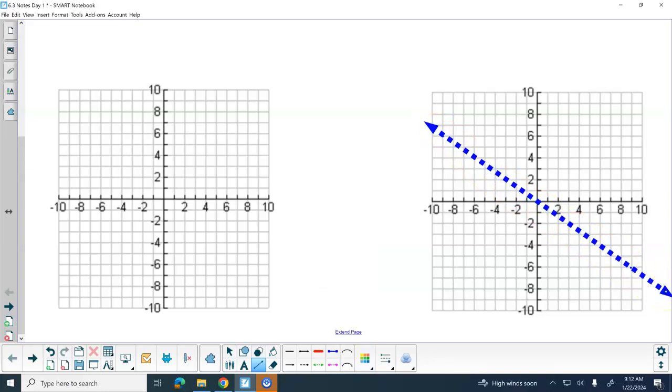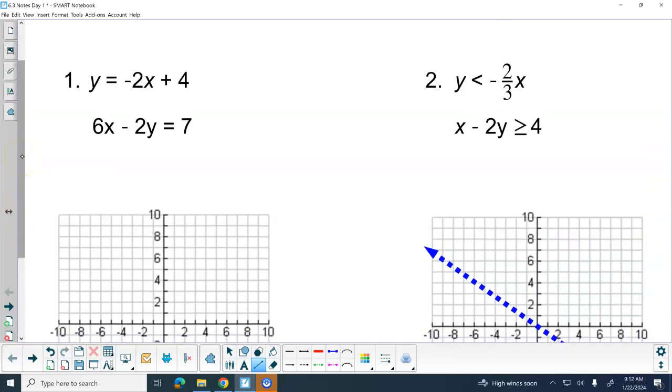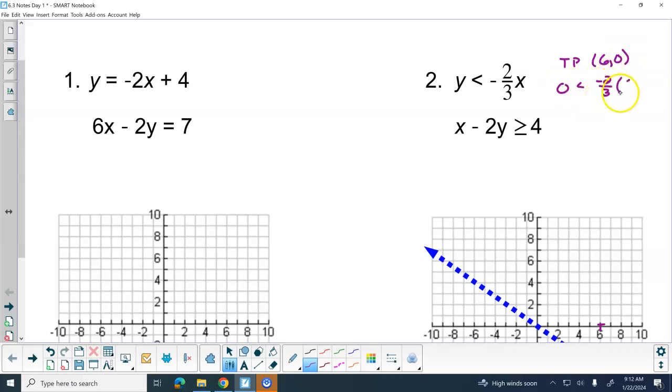But we went through the origin, correct? So can I use that as my test point? Nope, can't use that as my test point. So I've got to pick something else. So I'm going to pick the point 6, comma 0. Now you may be asking yourself, why did I pick 6, comma 0 as my test point? Well, I did it because it's 0 for y, and negative 2/3 times 6 is negative 4.